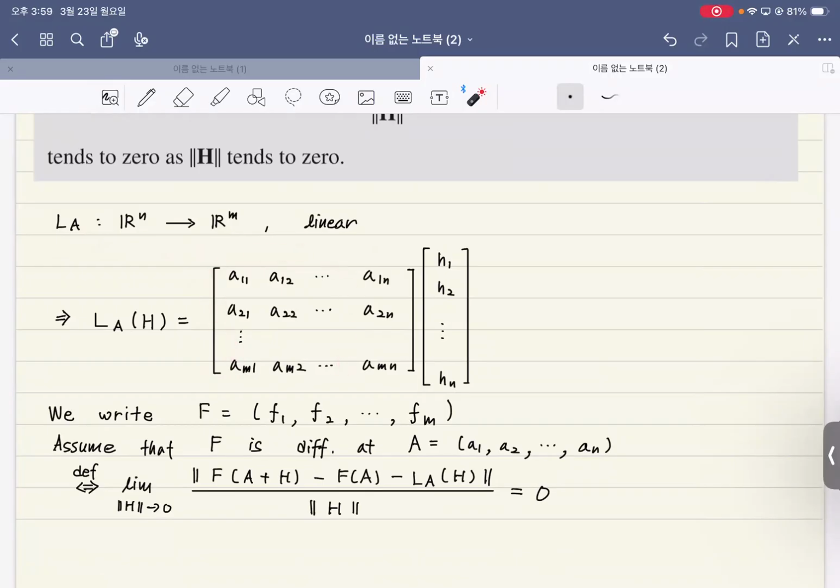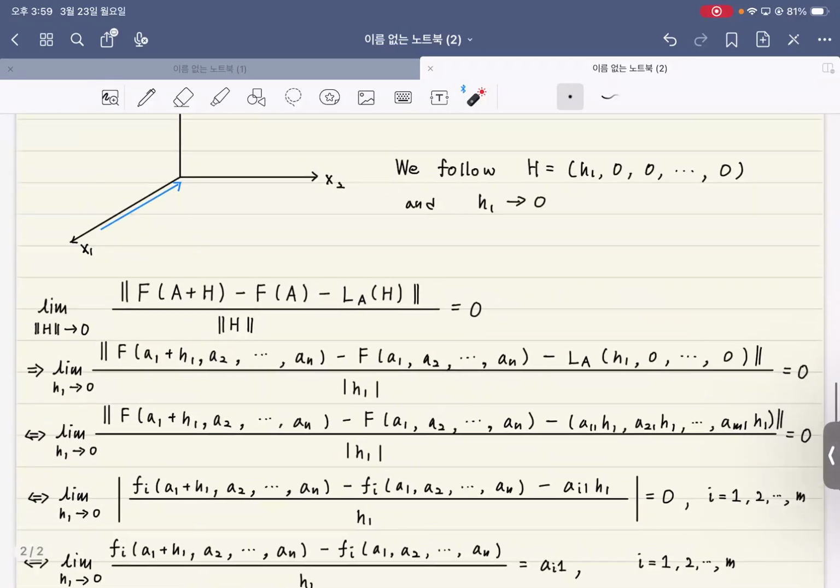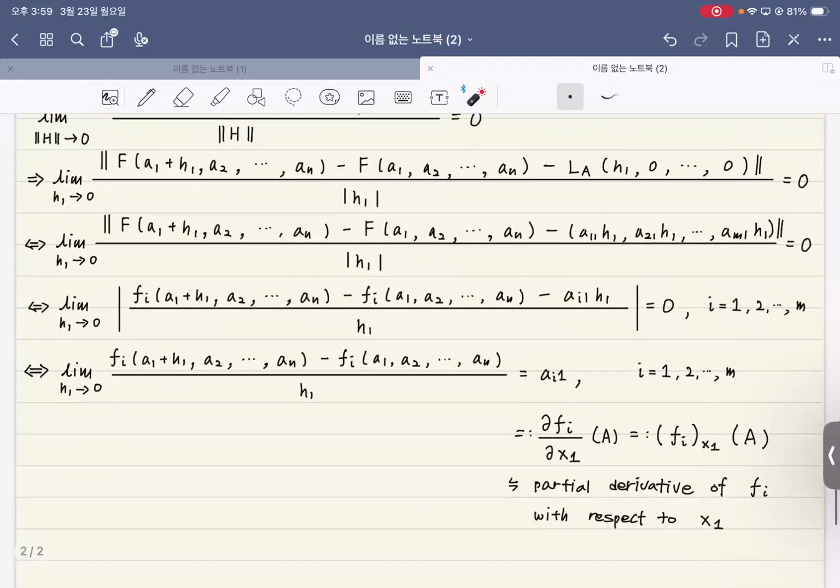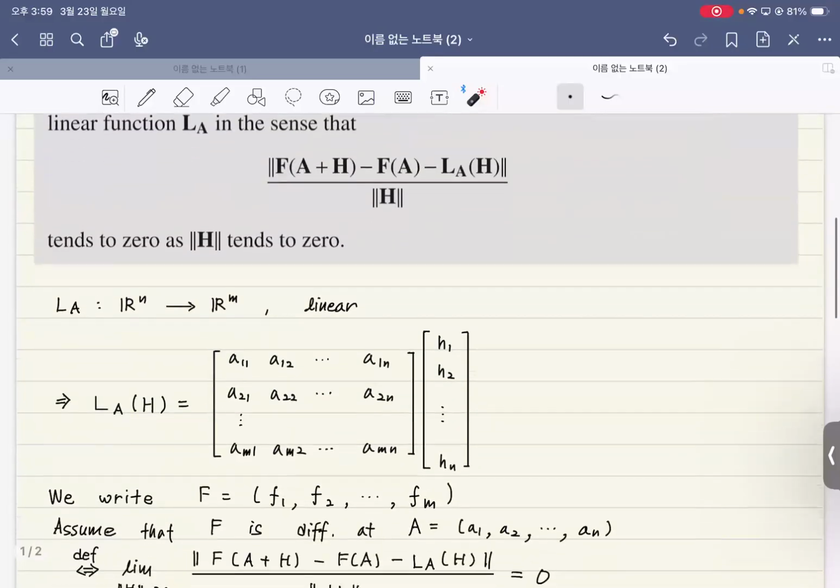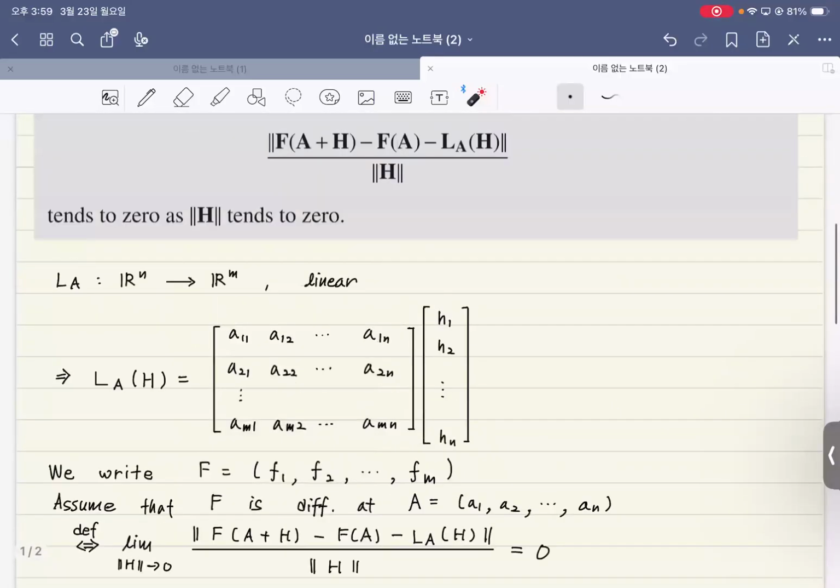And it turns out the entries in the first column of this matrix are obtained by taking the partial derivatives of this component function of f with respect to the first variable, right?